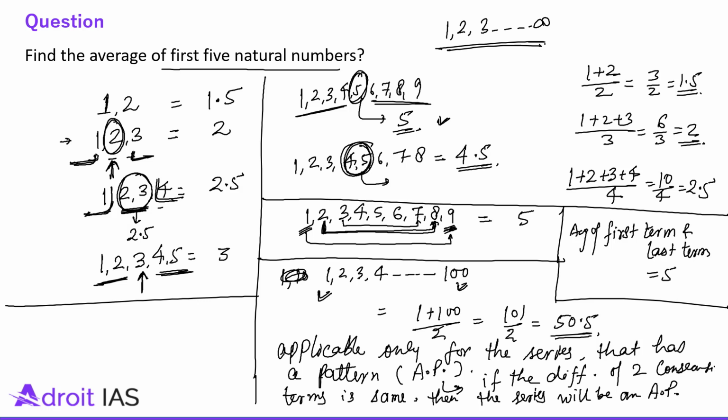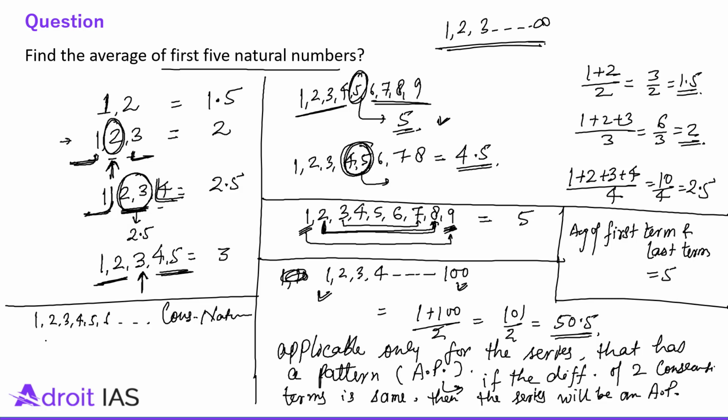I repeat, if the difference of 2 consecutive terms is the same, then the series will be an AP. For example, here 1, 2, 3, 4, 5, 6, and so on. Here the difference of two consecutive terms is 1, right? They are consecutive natural numbers. This is an AP.